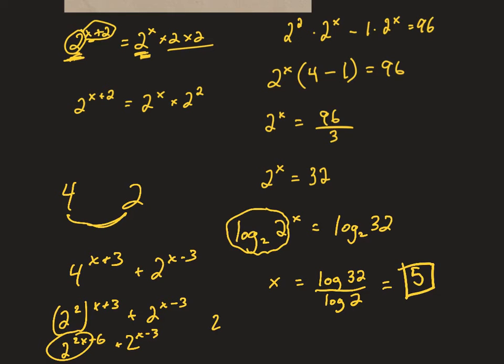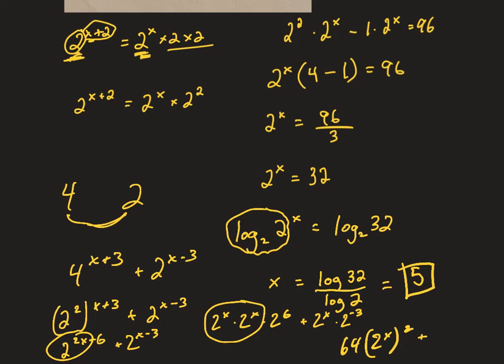So this is going to be 2 to the x times 2 to the x times 2 to the 6 plus 2 to the x times 2 to the negative 3. This will be 2 to the x squared. 2 to the 6 is 2, 4, 8, 16, 32, 64.